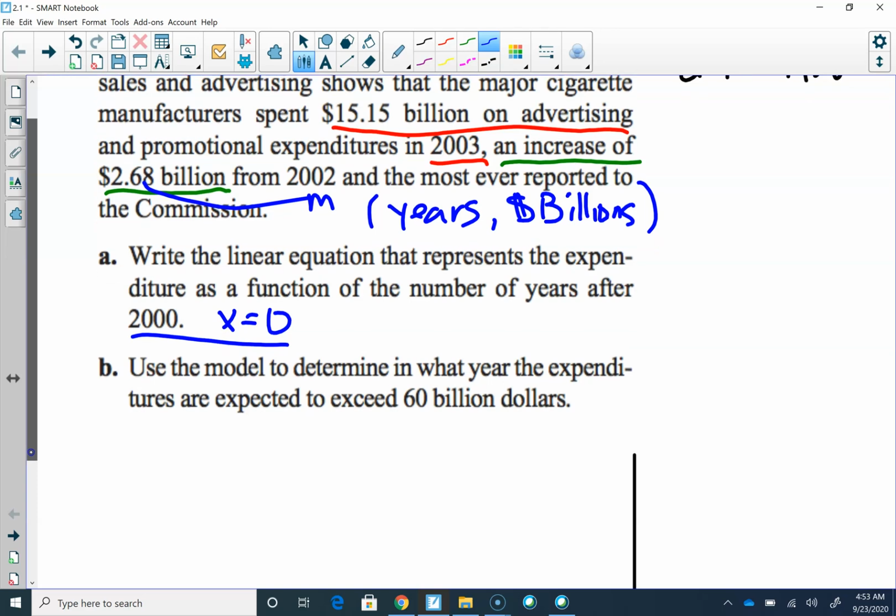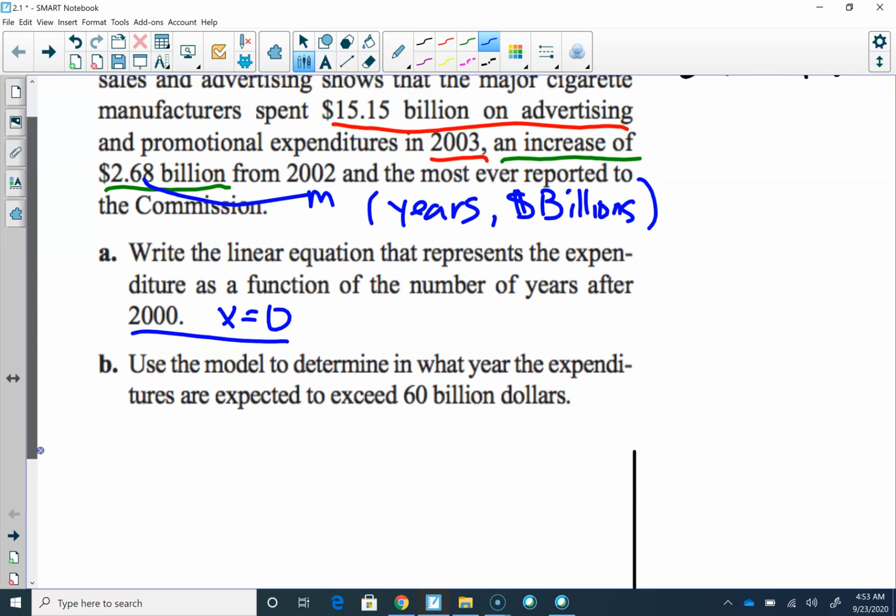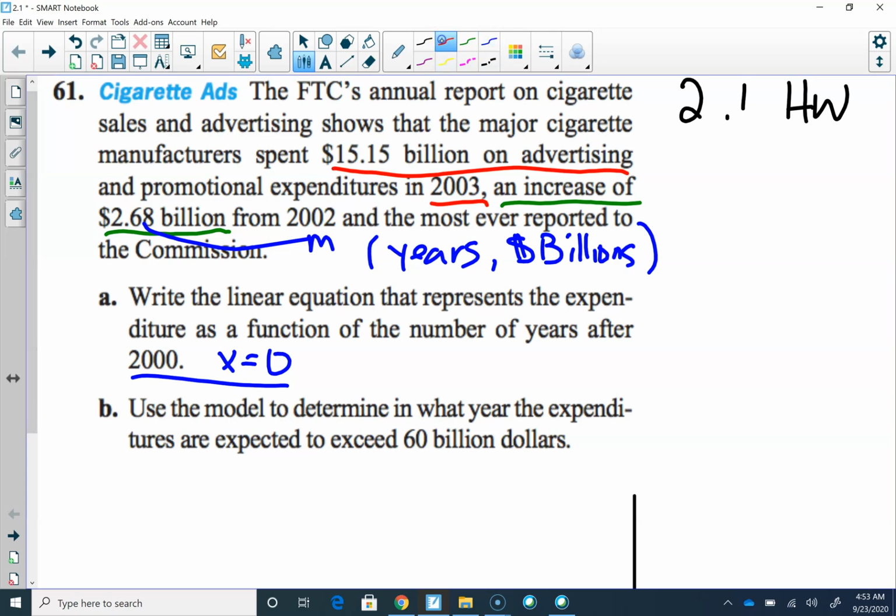So a little bit from the last chapter in writing a linear function. This red up here would actually be an ordered pair. 2003 is year 3, and then $15.15 billion. So that's one ordered pair of a year and how much. So I'm going to do my equation. I'm going to drop in, so I need to find the b for this. I have the y, which is 15.15.